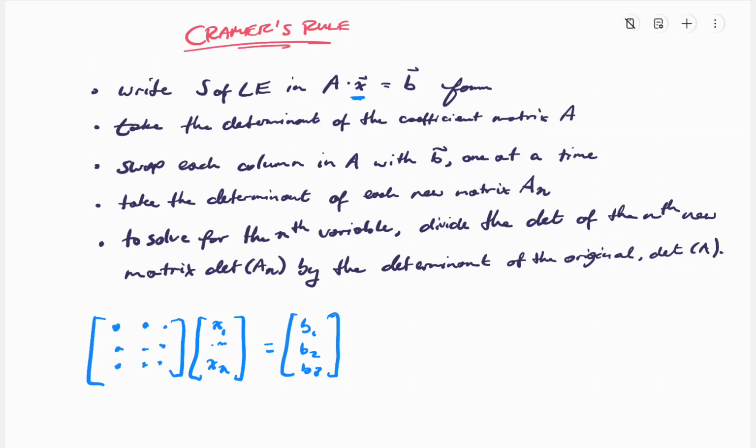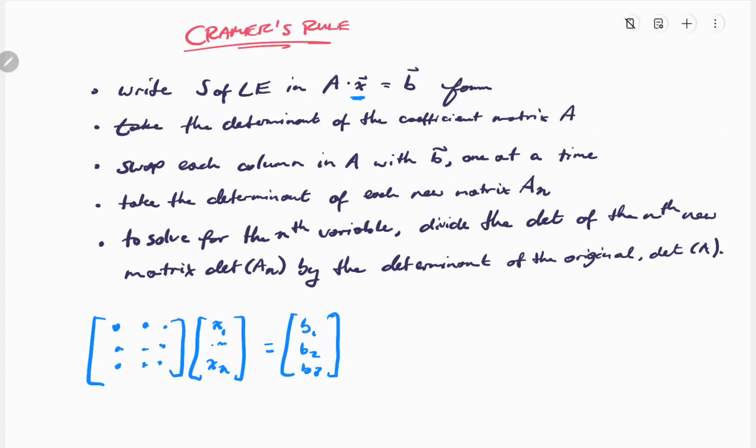You're going to plug b1, b2, b3 in a second time, and then take the determinant again, and then take the determinant after you put b1, b2, b3 in every single column in A.